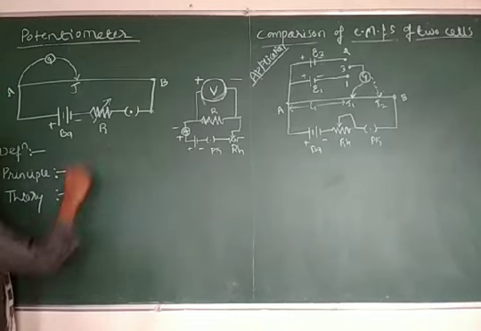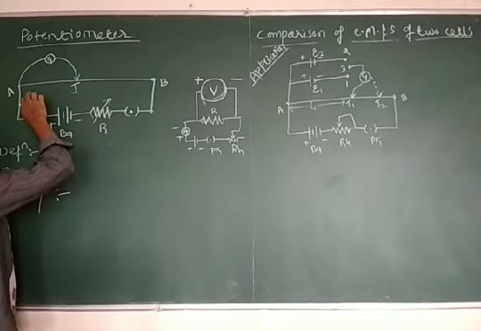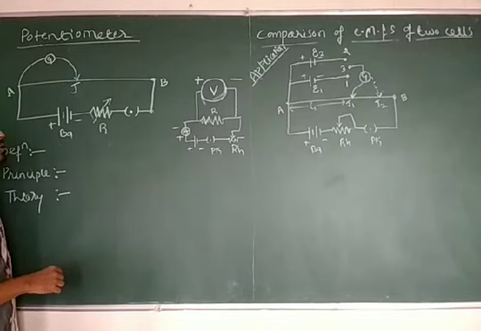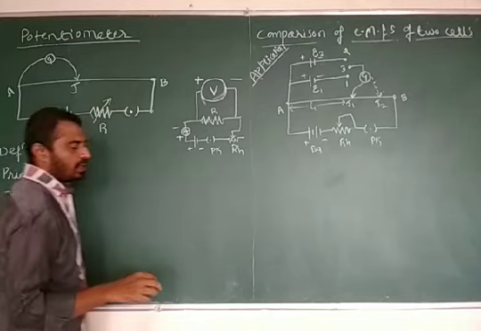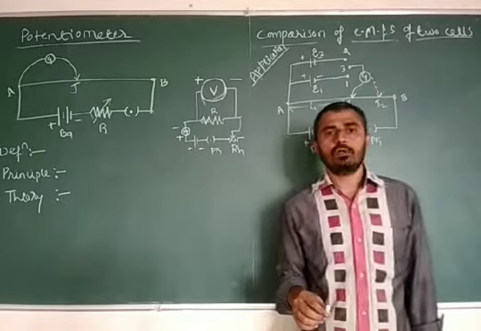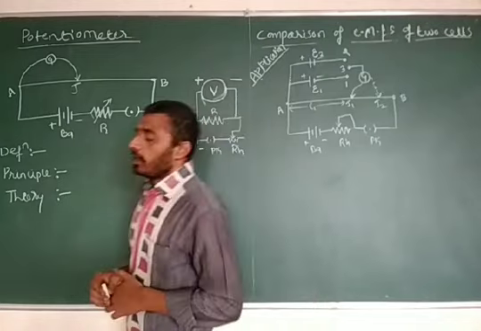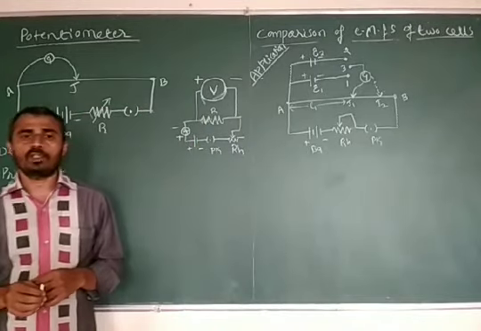And the construction: what does the potentiometer consist of? It consists of a uniform cross-sectional lengthy wire of high resistivity and low temperature coefficient. I already mentioned which materials have that high resistivity and low temperature coefficient.